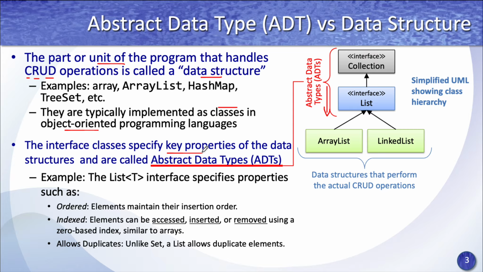Abstract data types tell what operations are supposed to be supported. So for example, the list says what all the operations a list should support, versus the data structure provides the concrete implementation of how those operations are done. We have seen array list before. Today we're going to get into linked list.